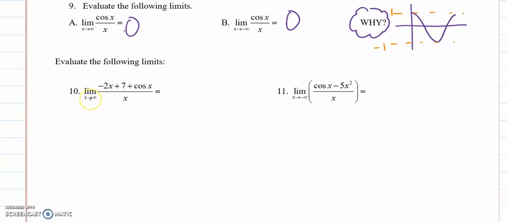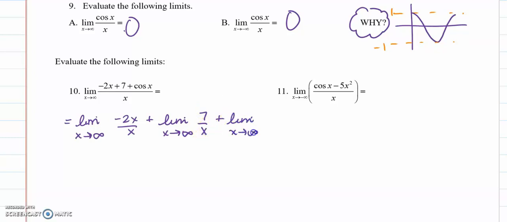Evaluate the limit in number 10, breaking it down into 3 different limits now. The first limit goes to -2, the second limit goes to 0, and the third limit goes to 0. Your final answer is -2.